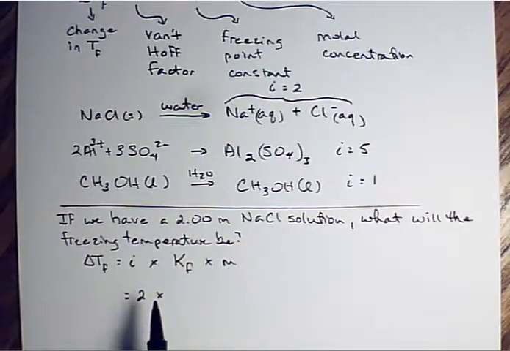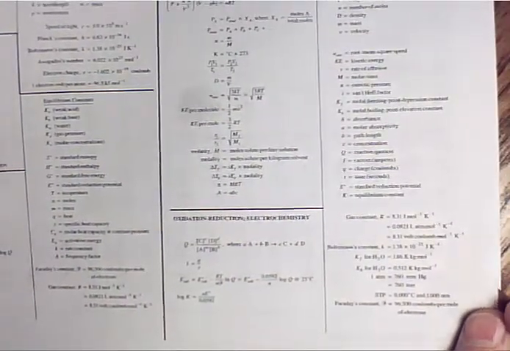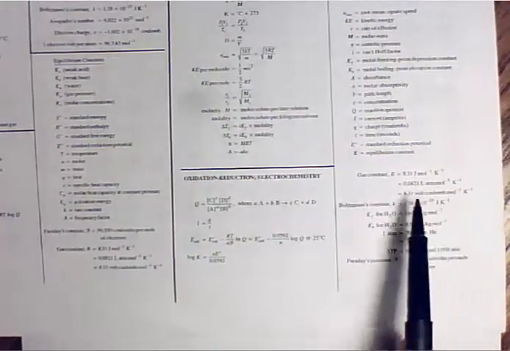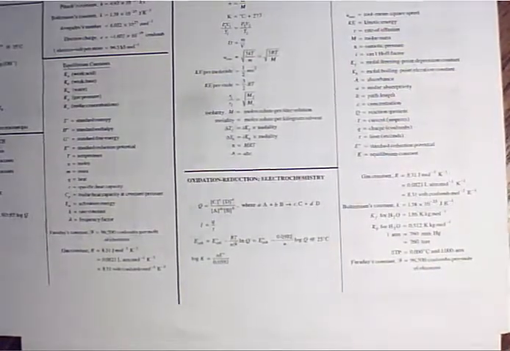Now, the freezing point constant for water can be found in your test references. This is an honors chemistry class, so your references will be the AP chemistry references, and you're looking for something down here in the lower right-hand corner on the first page.